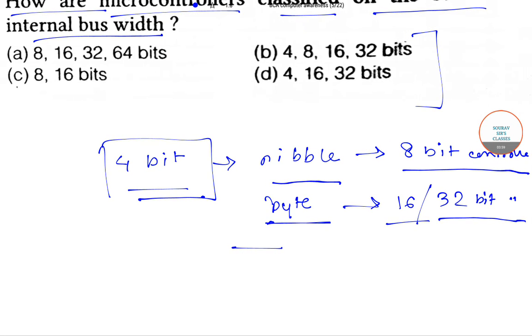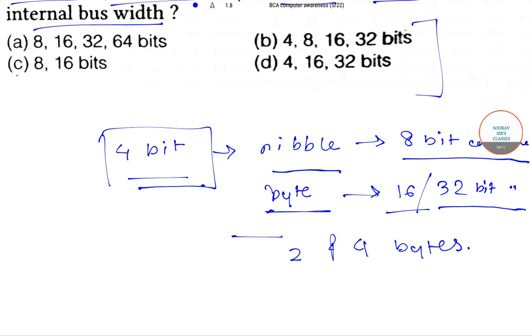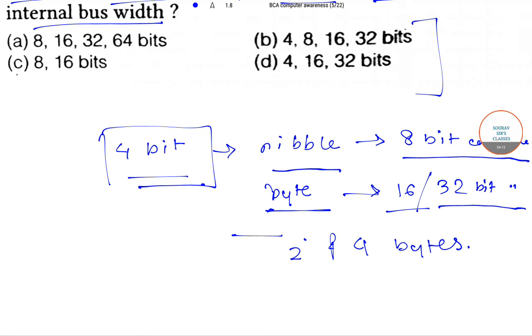So if it executes 2 and 4 bytes at a time, then it will be a 16-bit controller, and if it executes 4 bytes, then it will be a 32-bit controller.